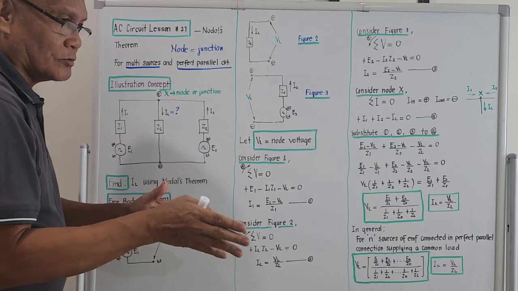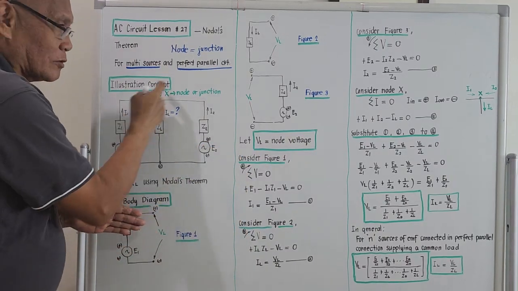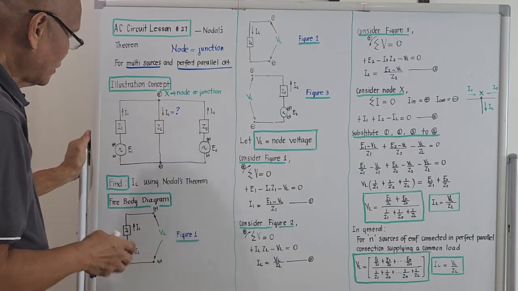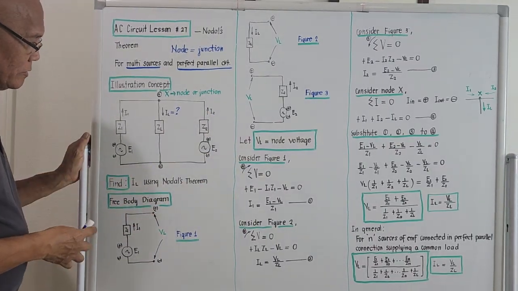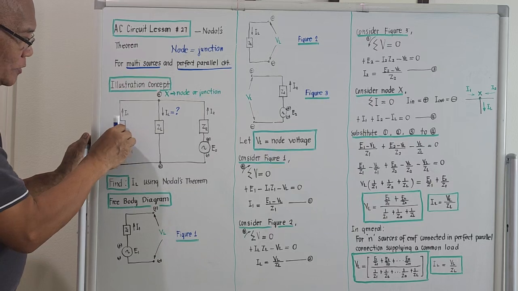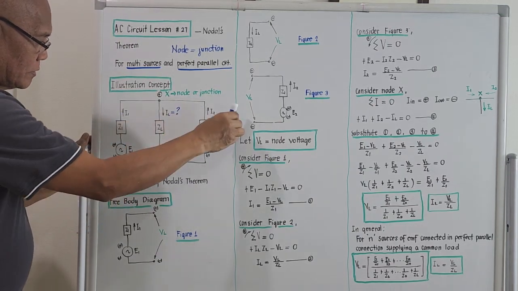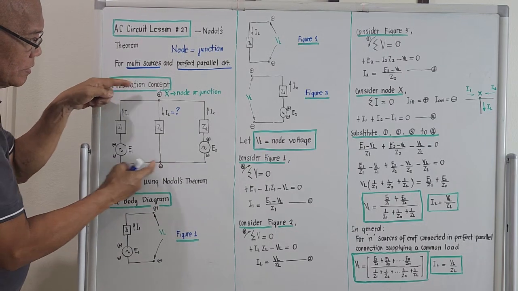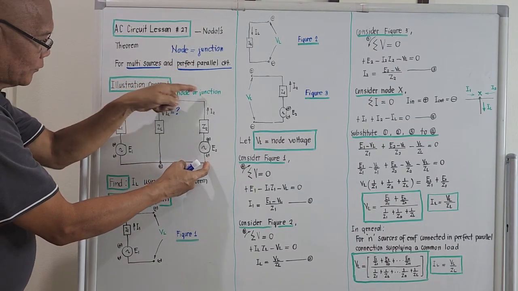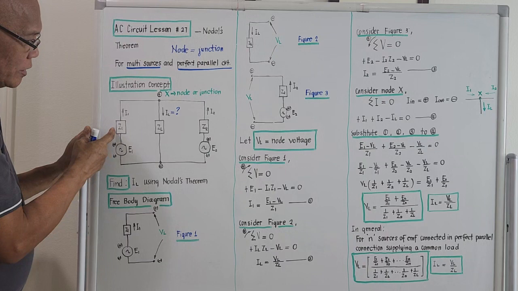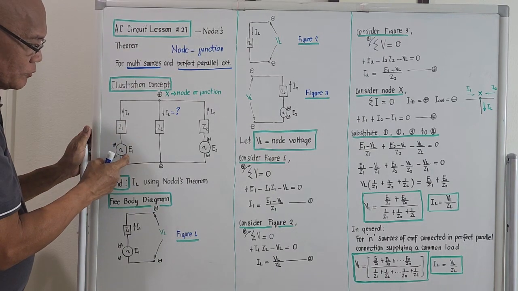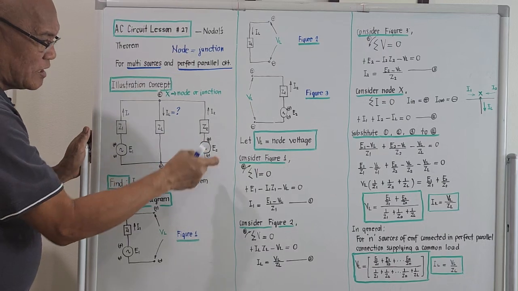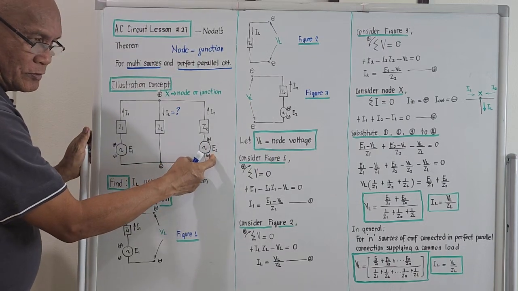Okay, let's go with the illustration. I will try to give you a figure. The connection of this is parallel. This is voltage source number 1, and this is voltage source number 2. Z1 is the internal impedance of alternator number 1, and Z2 is the internal impedance of alternator number 2.